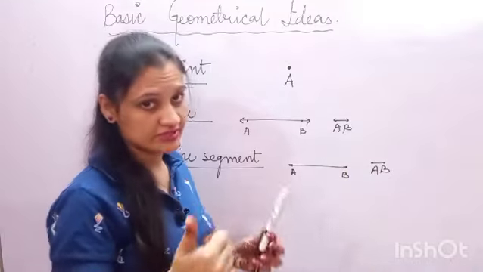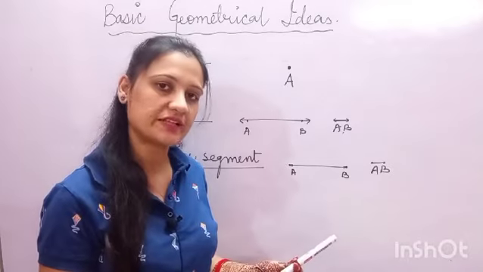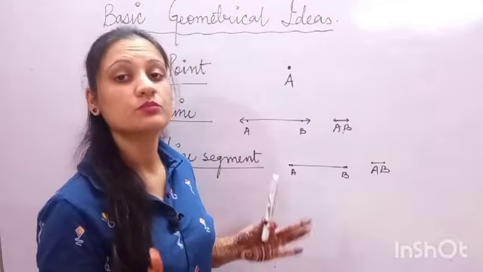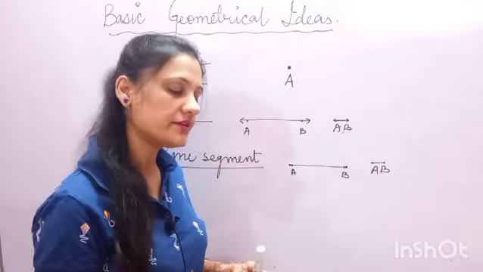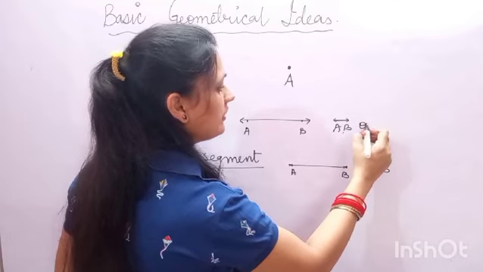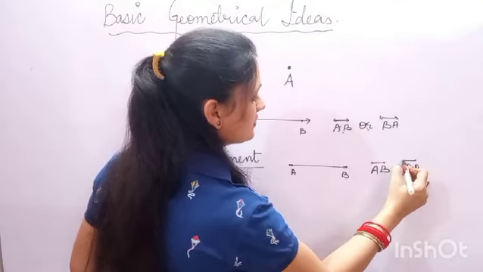Fixed length, of course, because it has the endpoints. And it cannot be extended because it has endpoints on both sides. AB can be written like BA. This can also be written like this, right?